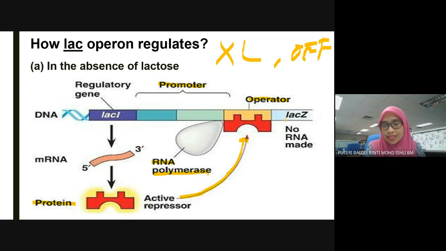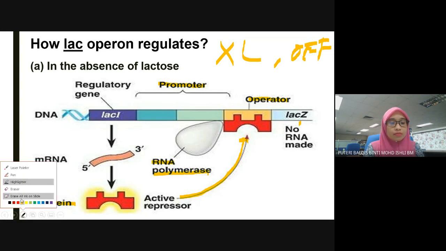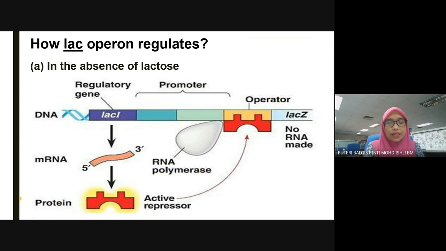Only Lac Z is shown in this slide. Actually we have Lac Z, Lac Y, Lac A, but now we only see Lac Z. So what happens is, if there is no lactose, in the absence of lactose, this Lac Operon is switched off.